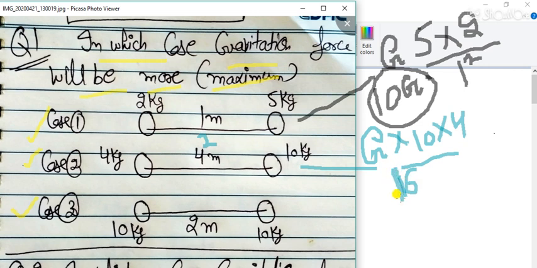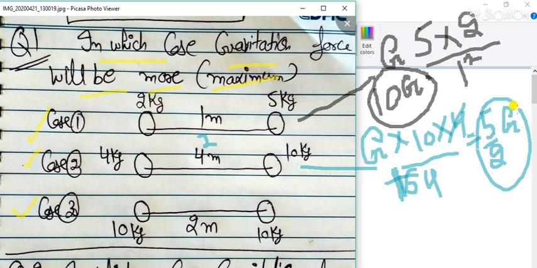Now if I cancel it with 4 for the 16, and 5 into 2 is 10, you will get 5 by 2. In the final answer you will get 5 by 2 G. So this is the result of force in the second case.